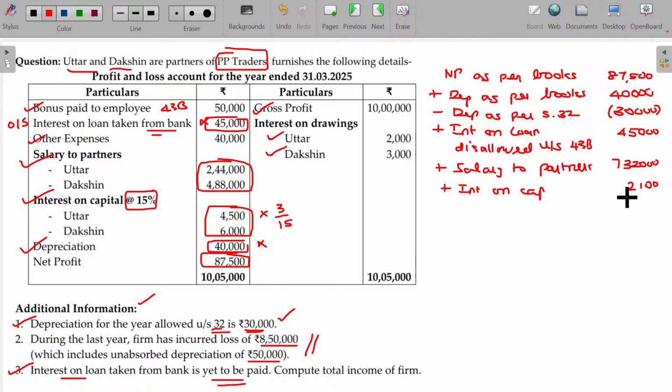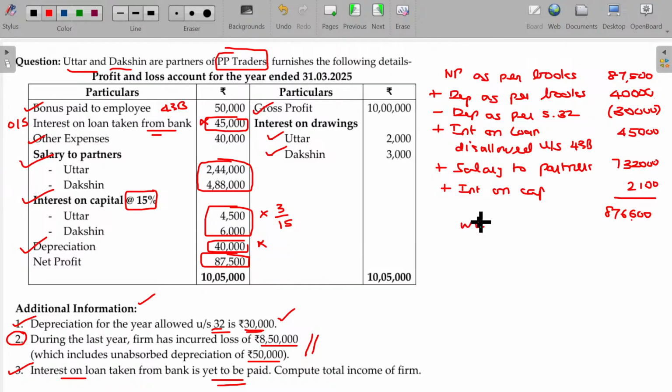Depreciation also adjusted. Come on, find out the profit here. 8,76,600. Usually this is a book profit. Because of the adjustment number 2, I am going to do one more adjustment here. What's that?